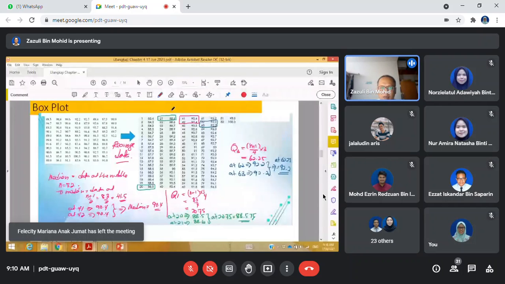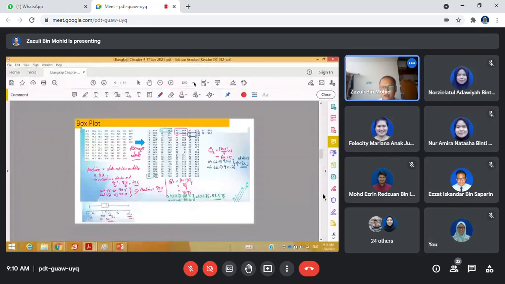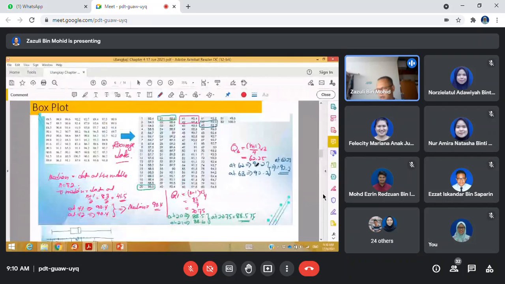Wherever you read it, maybe you can find it and understand how to get the median, quartile 1, quartile 2, quartile 3, because quartile 2 is the median. Okay, in my class I define it like that.